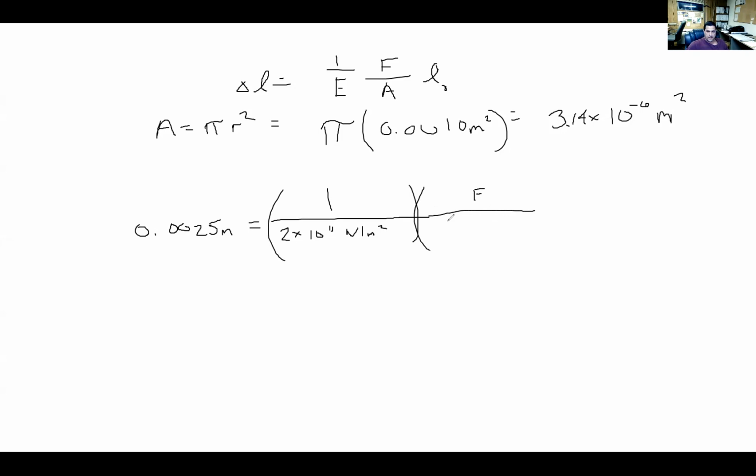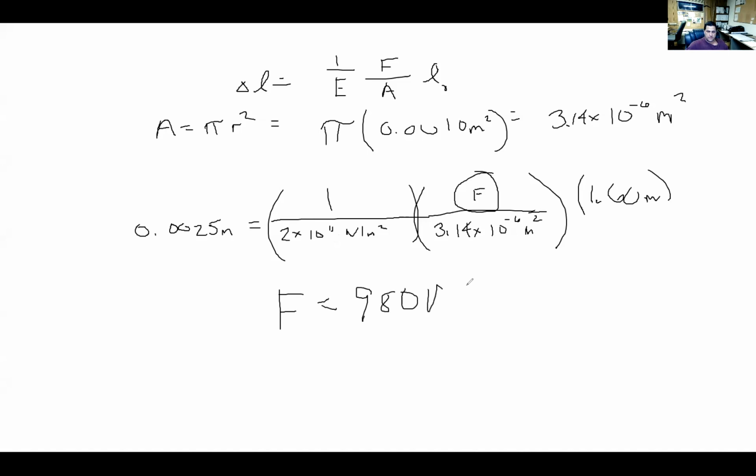The cross-sectional area we just did up top here, 3.14 times 10 to the minus 6 meters squared. The original length is the 1.6 meters, which was given in the problem. And if you solve this for F, you get a little less than 1,000 newtons, 980 newtons.